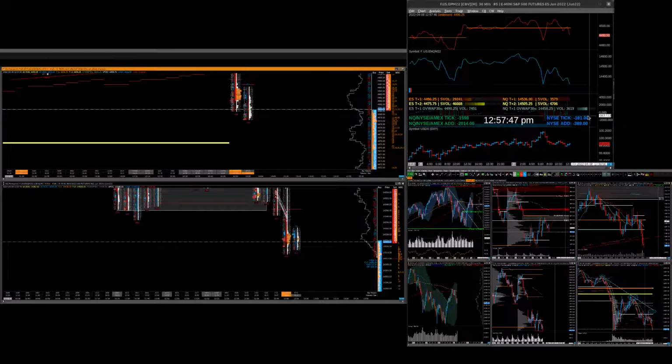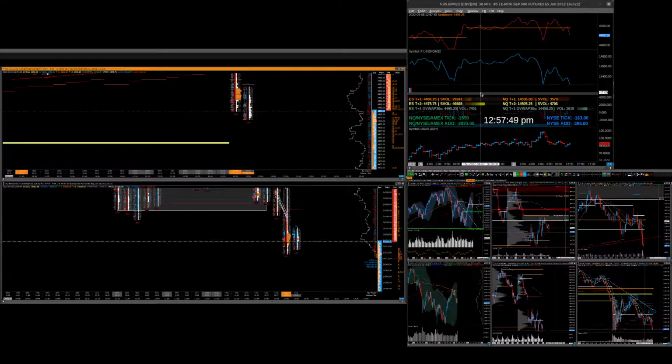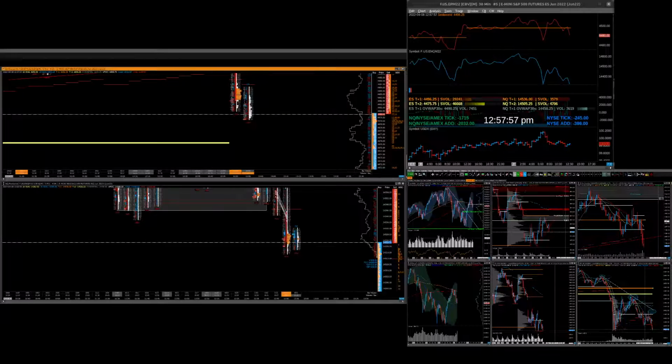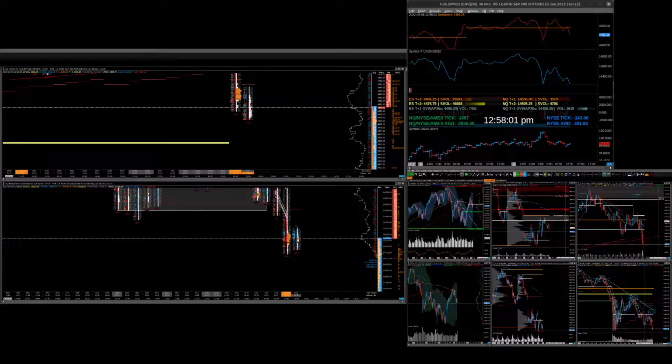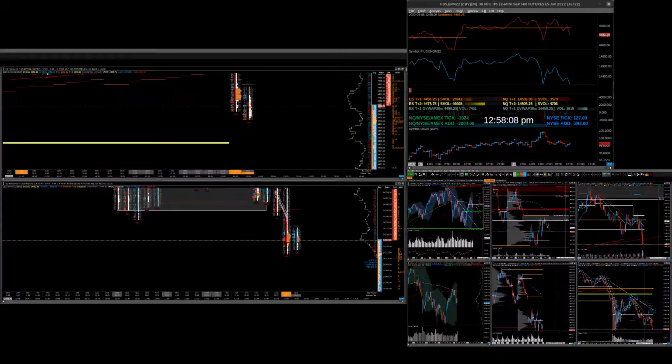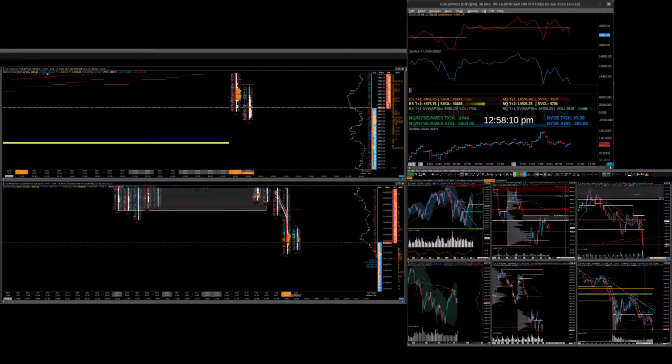All right, 12:56 and 40. I'm trying to remember to put this volume, whatever. Oh, you guys don't even see the volume screen. Golly. You don't even see it. I didn't realize that this whole time. I forgot I adjusted it only to footprint today. All right.